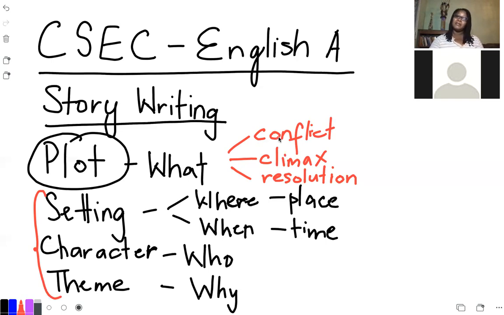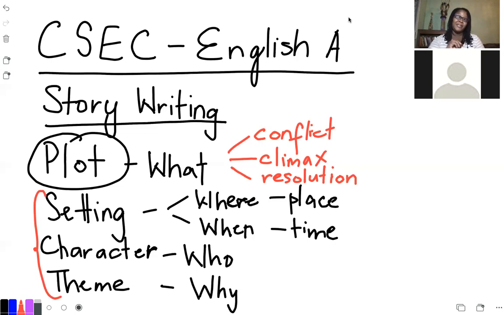Now, if your plot doesn't have these 3 elements clearly defined, you're going to run into a bit of a problem. And what you might end up with is maybe a narrative or a reflective piece rather than a story, because the story has to have a conflict, it has to have a climax, it has to have that sense of things happening that will hold the reader, that will engage the reader in your story.